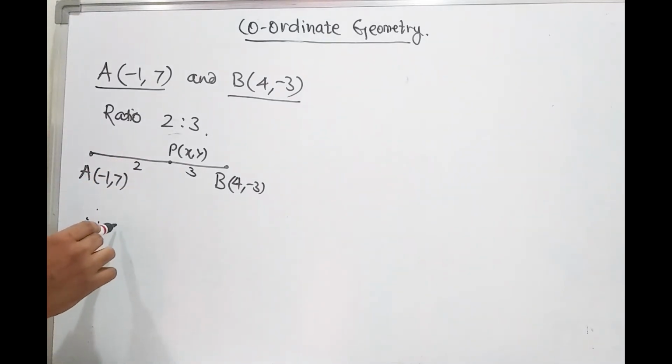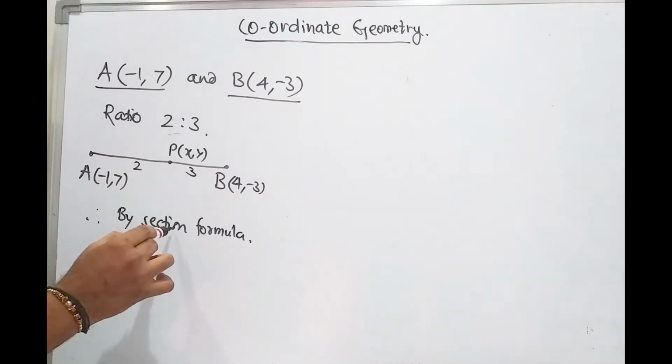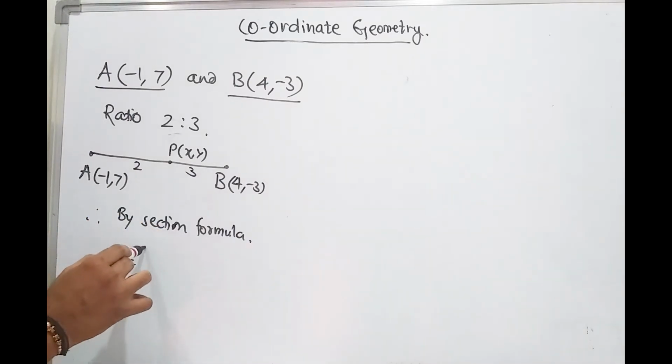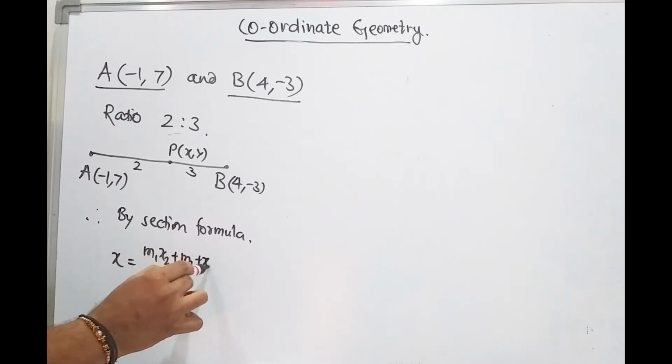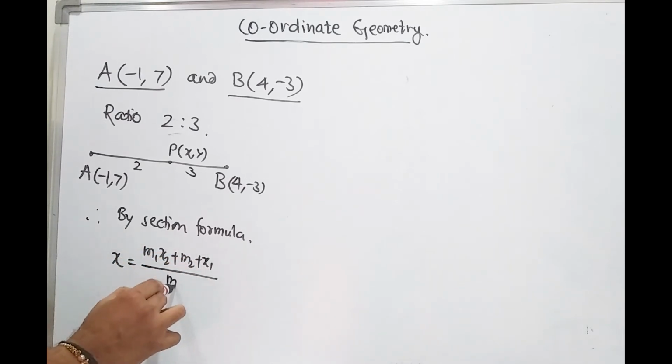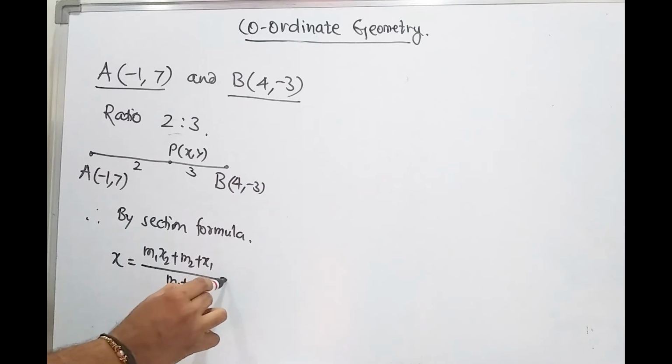Therefore, by section formula we can write x is equal to m1 x2 plus m2 x1 upon m1 plus m2.